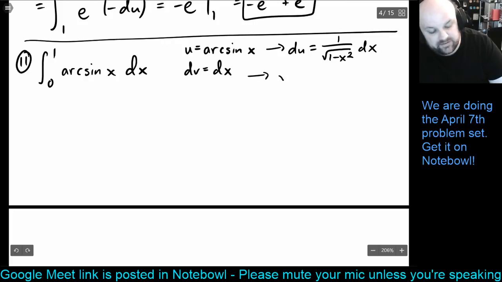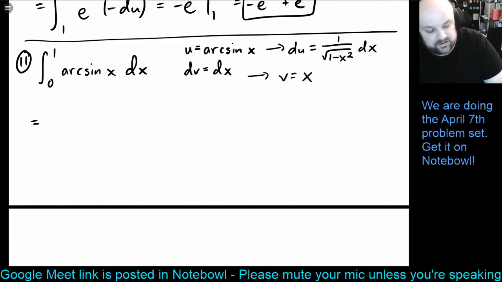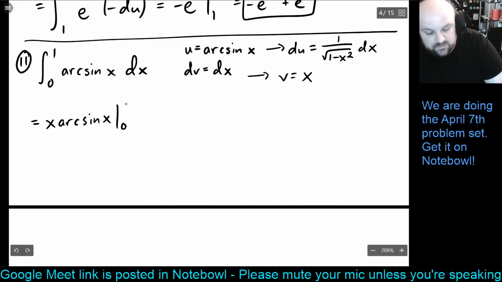If we integrate v is just going to be x. Right? So v times u, or u times v, x arc sine x from 0 to 1, minus the integral from 0 to 1 of v times du.